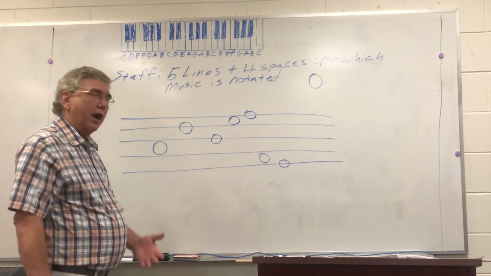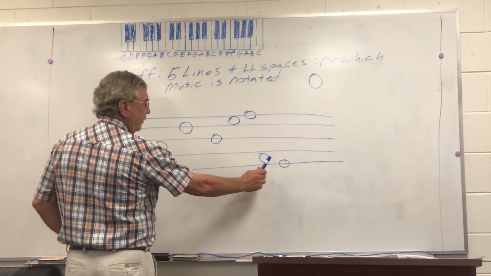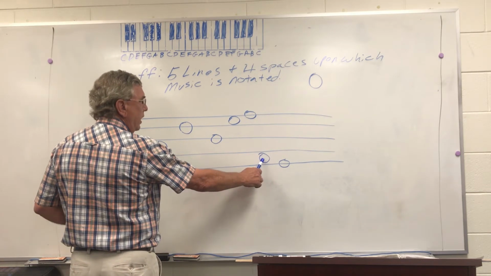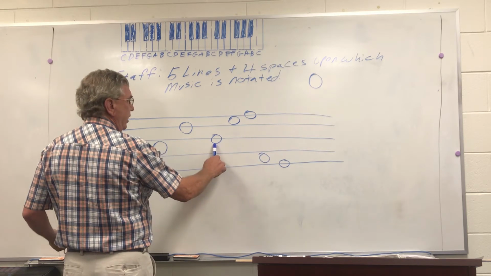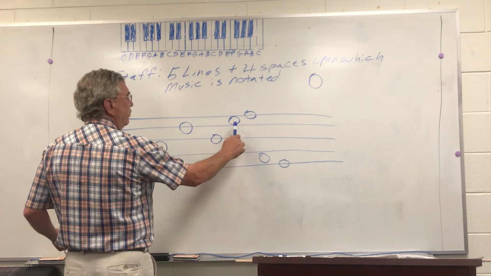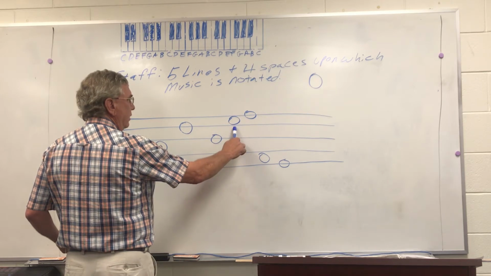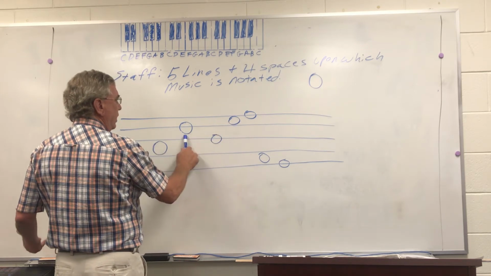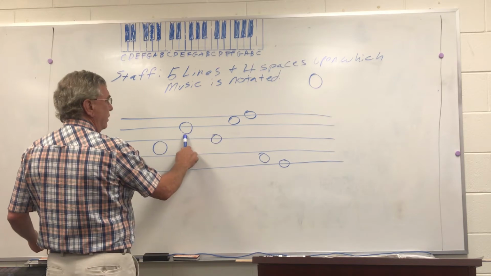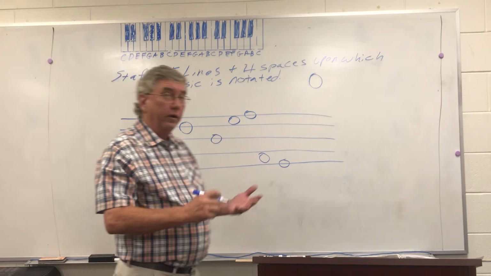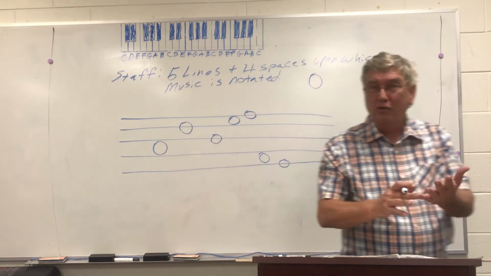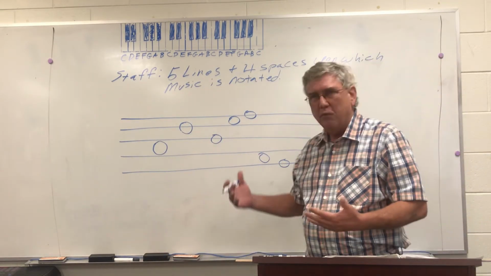And I'm going to keep track. This note is in the space or on the line? Space or line? Space or line? Space or line? And space or line? I went space, line, space, line, space. Hope you got them right.